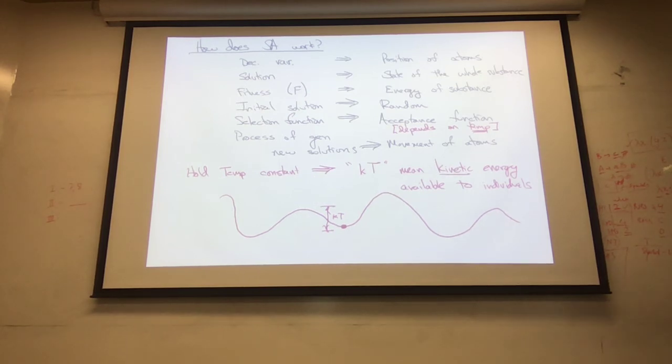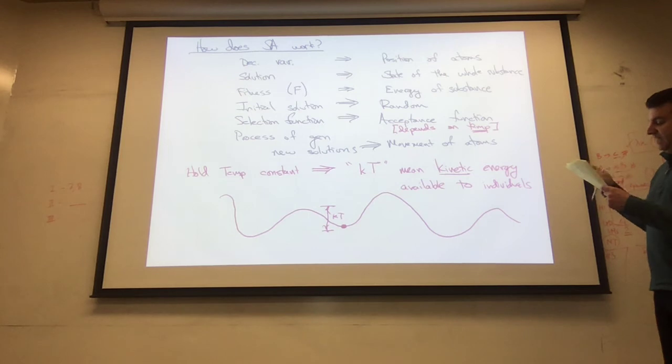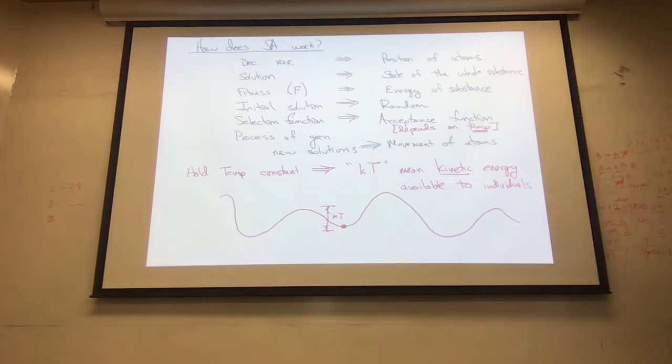All right. So the acceptance function that depends on the temperature is basically the probability, given that I'm at point X and I'm thinking about going to point X new.